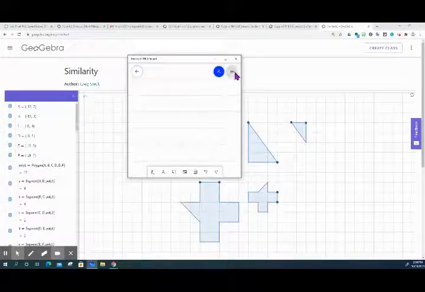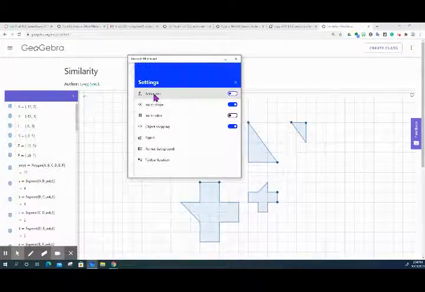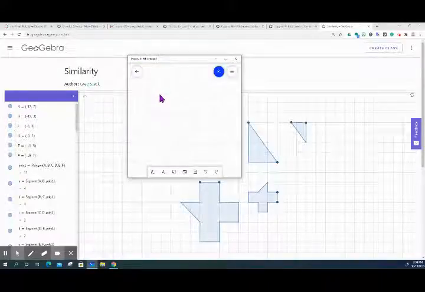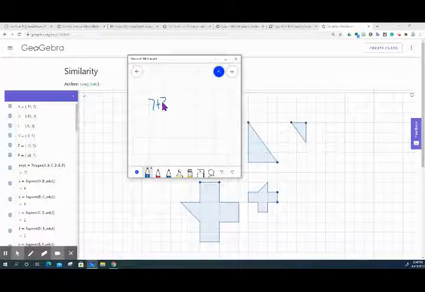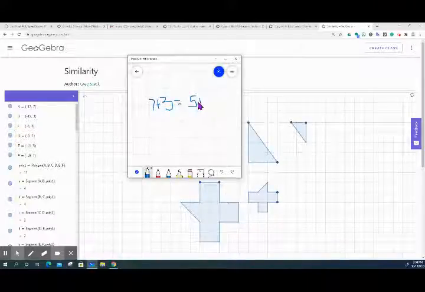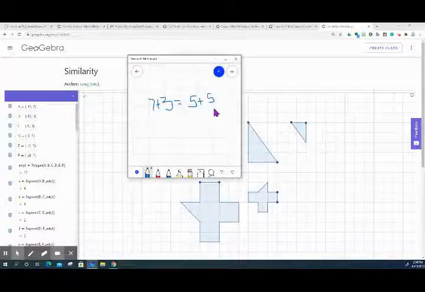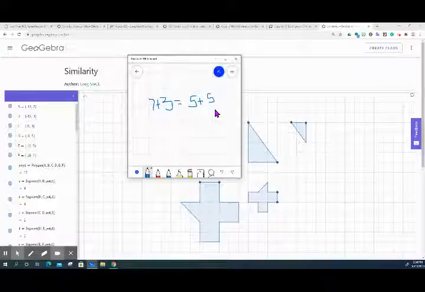We said if I had 7 plus 3 equals 5 plus 5, well, is that a true statement? The answer is yes, it is a true statement.